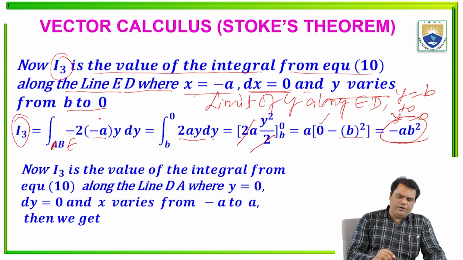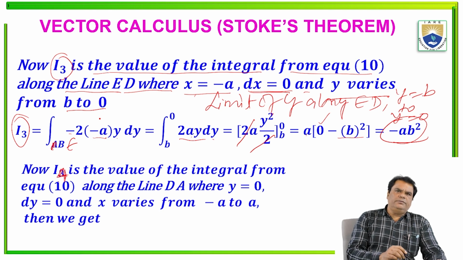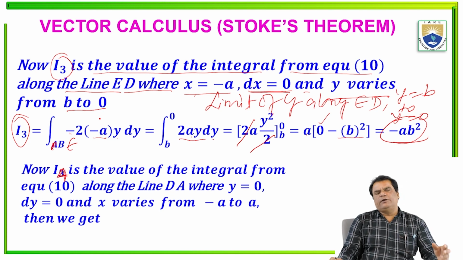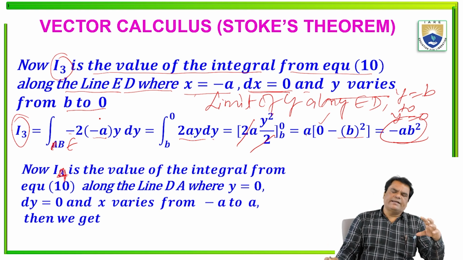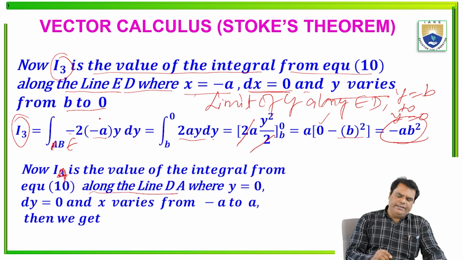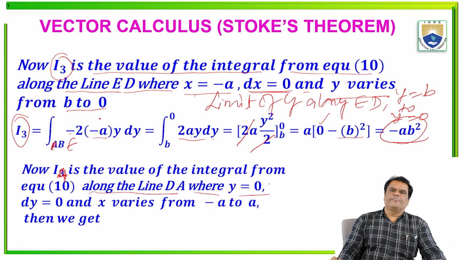Now I3 is the value of the integral in equation 10 along BE, and this is I4. This is the last value of the integral along D to A, so our rectangle is complete here. Along the line DA, y is 0.